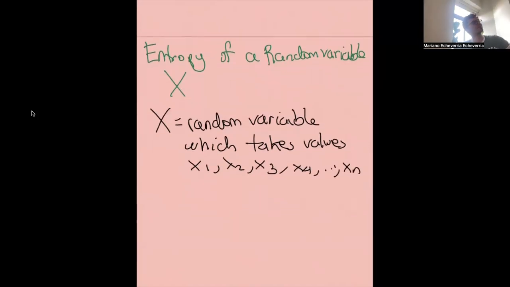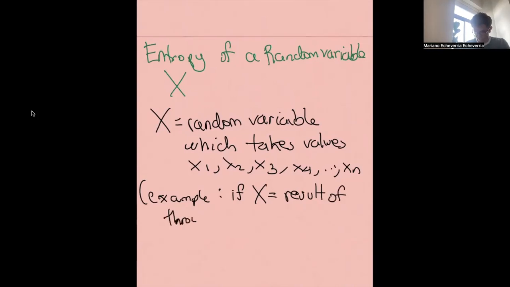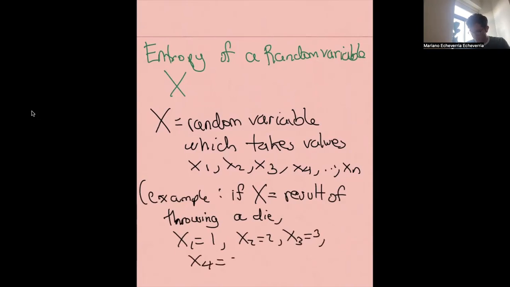For example, if your random variable is the result of throwing a die, you could take x1 to be 1, x2 to be 2, x3 to be 3, and so on. Of course, in practice they're not so easy. The values could be other ones, but this is a particular case.